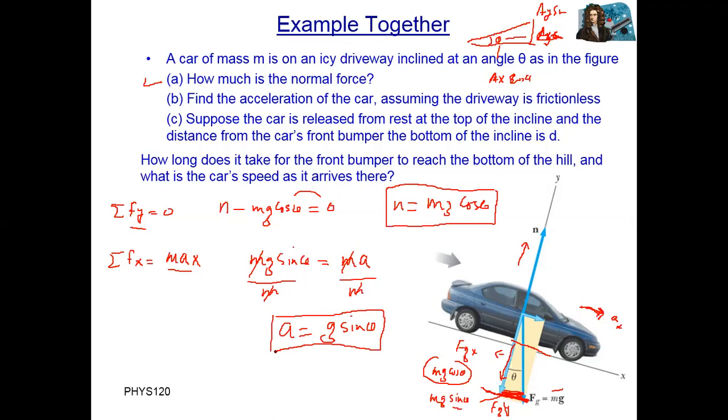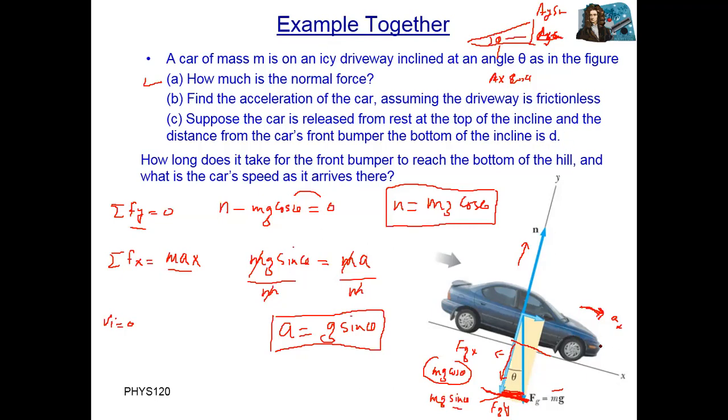Third, option C. Suppose the car is released from rest, meaning the initial velocity is 0, at the top of the incline, and the distance from the car's front bumper to the bottom of the incline is d.